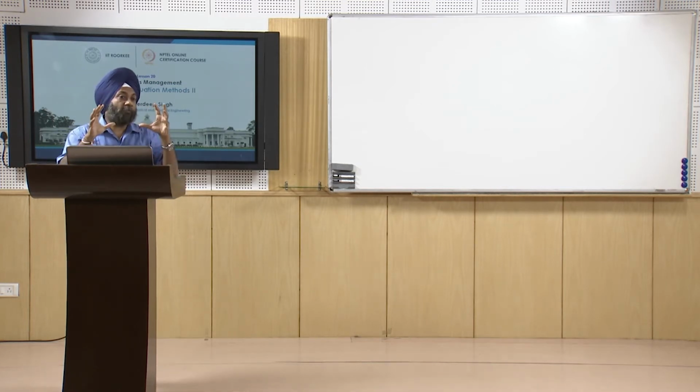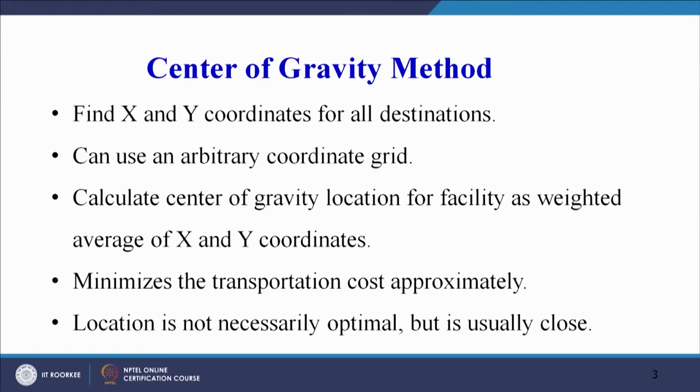Now, the center of gravity method is based on finding out the x and y coordinates for all the destinations and for the final location of our facility. Our main objective is to find out the xy coordinates of the facility that we want to create. But for that, as we have already seen, it is a prerequisite that we know the x and y coordinates of all the destinations that are going to be served by this facility that we are creating centrally.